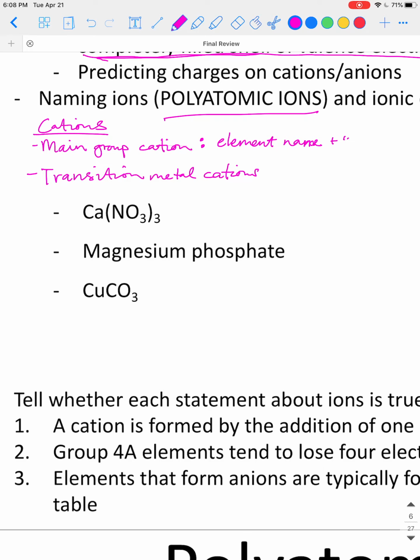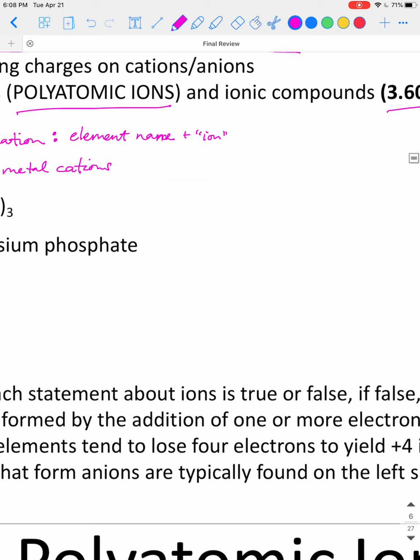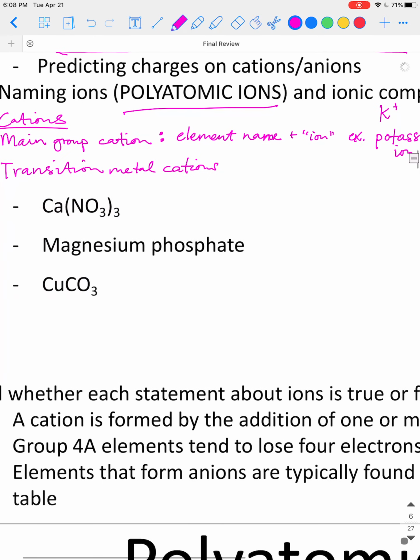You state the element name, plus the word ion. So for example, potassium, K plus, would be the potassium ion.